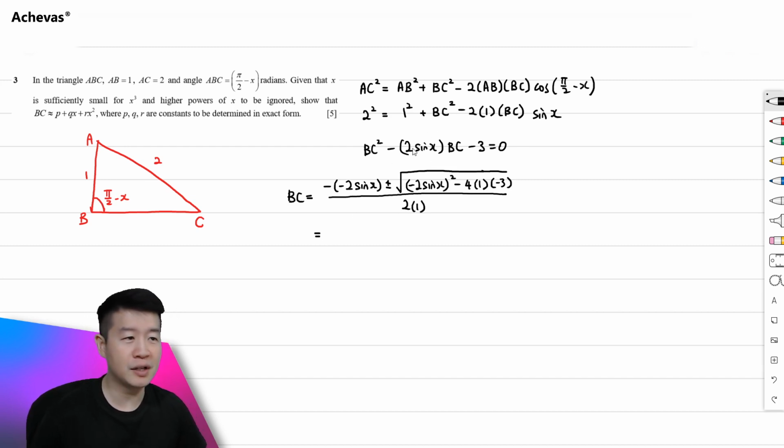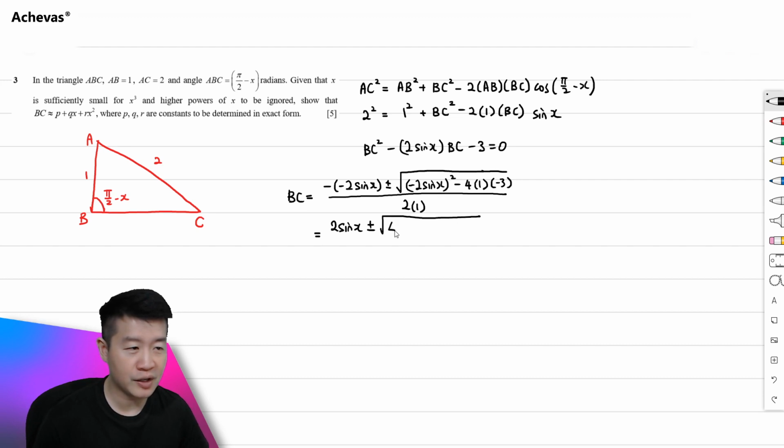Okay, quadratic formula, looking at this from the perspective of it being a quadratic equation in terms of BC. So we have 2 sine x plus or minus, this is 4, and here is also a 4. I'm going to factorize out a 4 because I know I can square root it. So we have sine squared x plus 3.